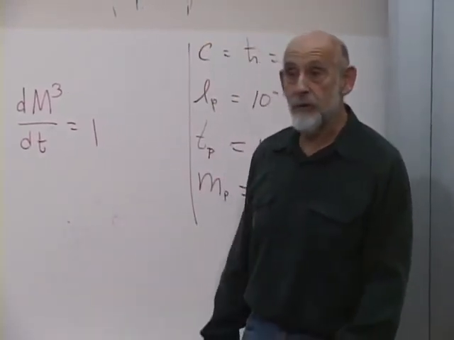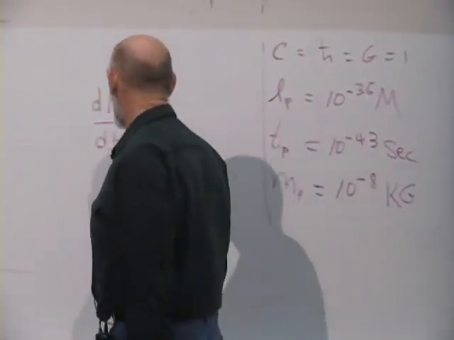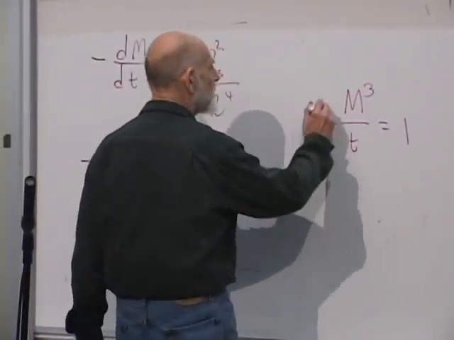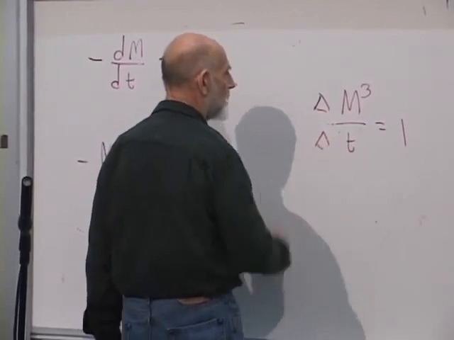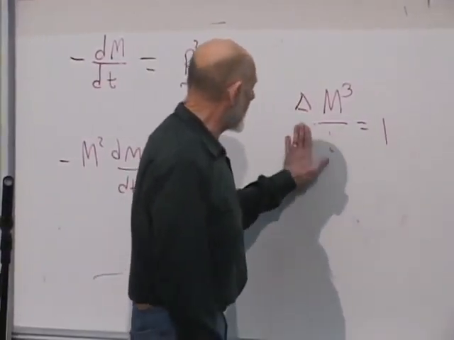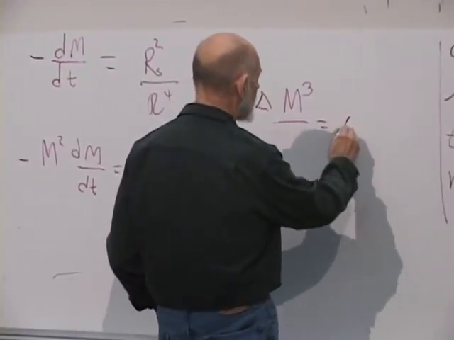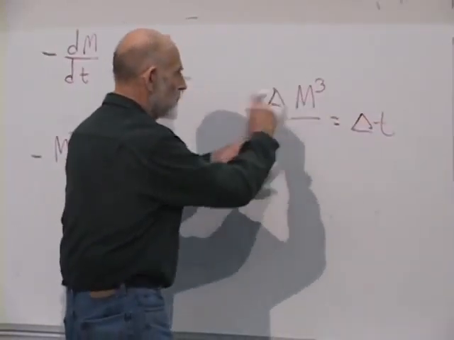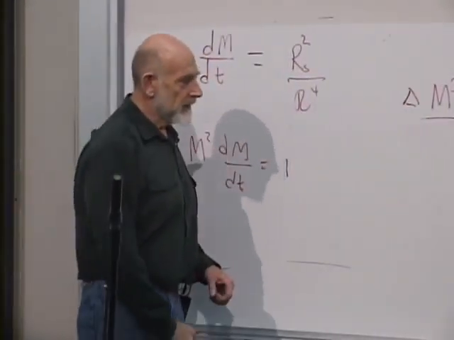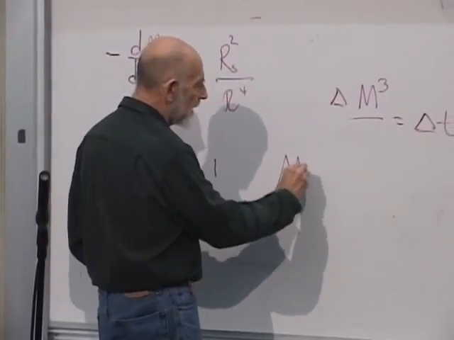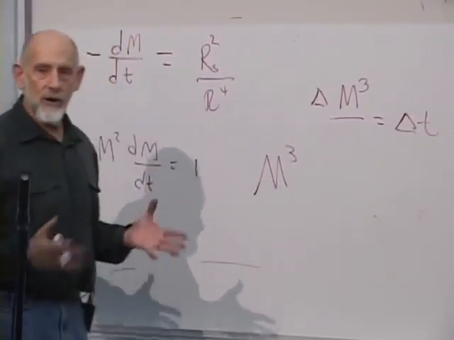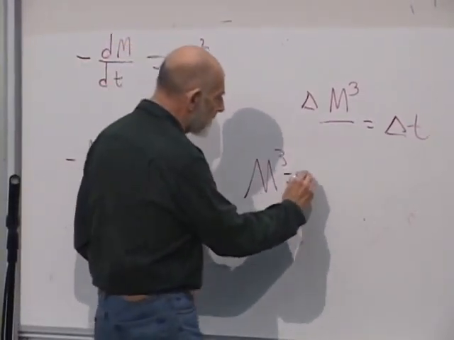Another way you could write this is the change in mass cubed divided by the change in time is 1, and therefore the total time that it takes to lose all of the mass is just m cubed. That's the evaporation time.